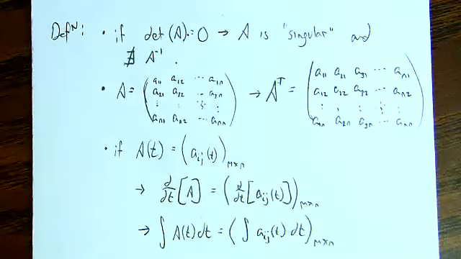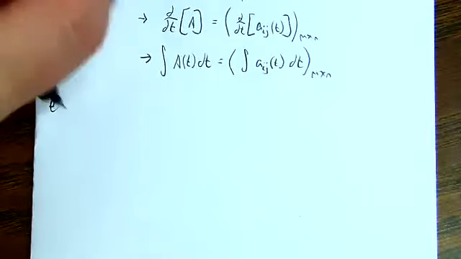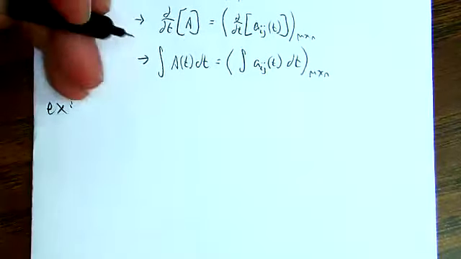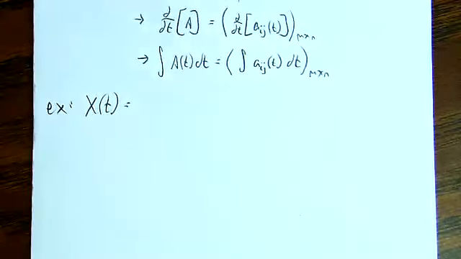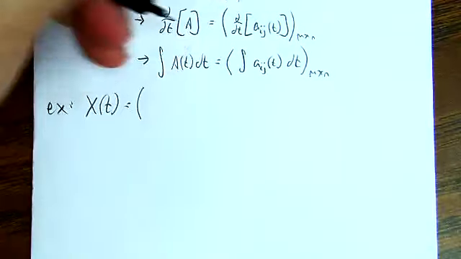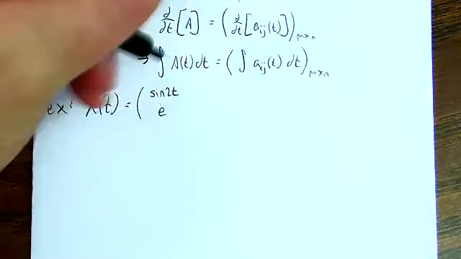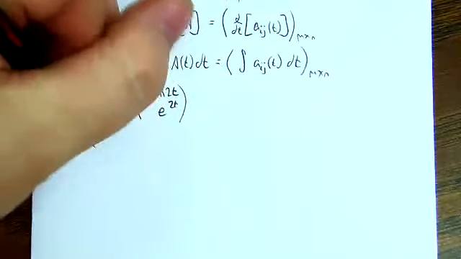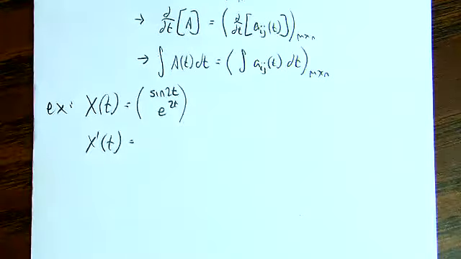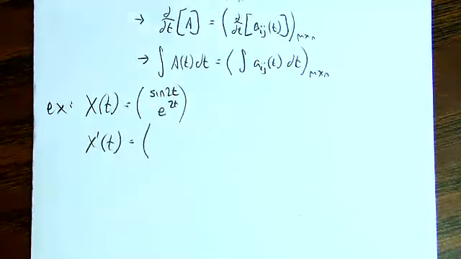So we can perform calculus on the matrices as we would like to. For example, if I give you the matrix X of T, which is the column matrix sine of 2T, e to the 2T, we could find X prime of T, the derivative of X with respect to T. And this would just be, we're going to take the derivative of each element.